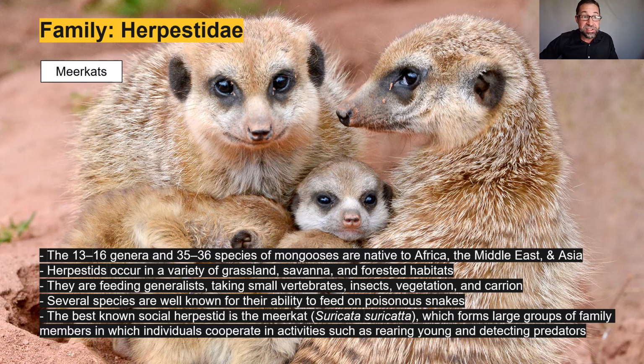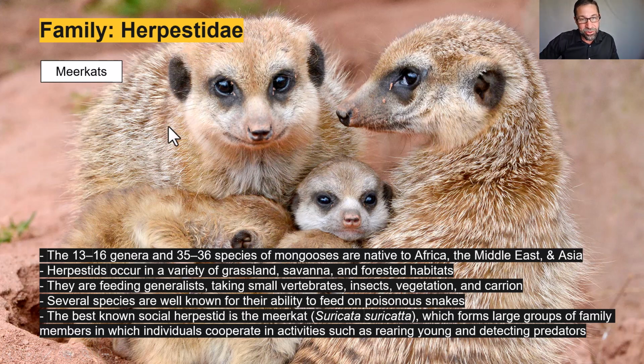Several species of herpestids are well known for their ability to feed on venomous snakes, like the Indian gray mongoose and the Egyptian mongoose, as well as the slender mongoose, which I'll show you on the next slide. The best known social herpestid are the meerkats.